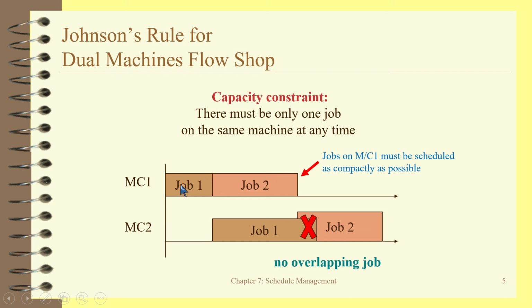So you can see at any time there will be only one job, job 1, job 2. There will be no overlapping jobs like this one. It is not feasible because each machine is able to process only one job at any time. So this is the capacity constraint.